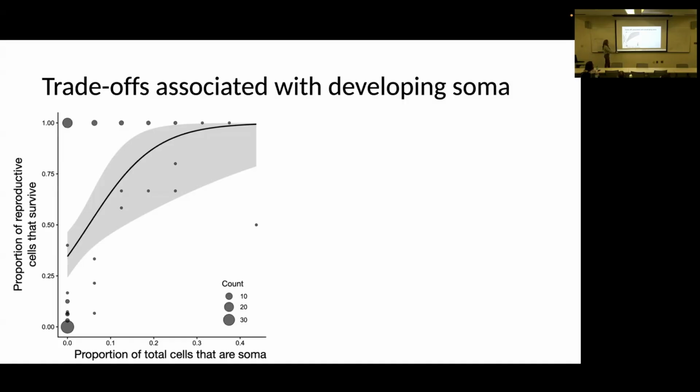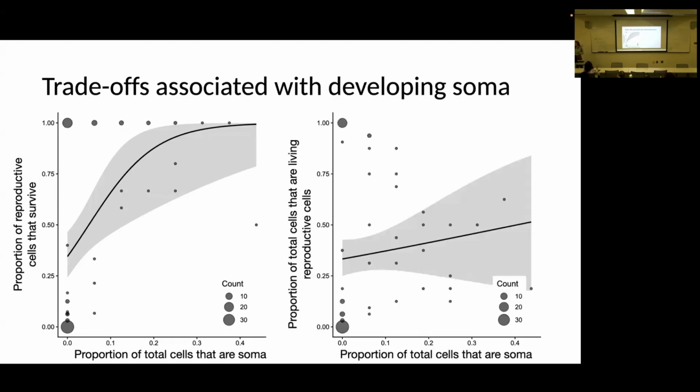So I'm looking at how many living reproductive cells you have here and the proportion of your reproductive cells that are alive. And I found that having more somatic cells is associated with having significantly better survival of your reproductive cells. But this doesn't translate into higher fitness.